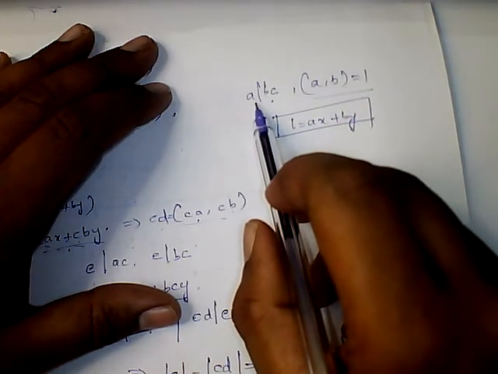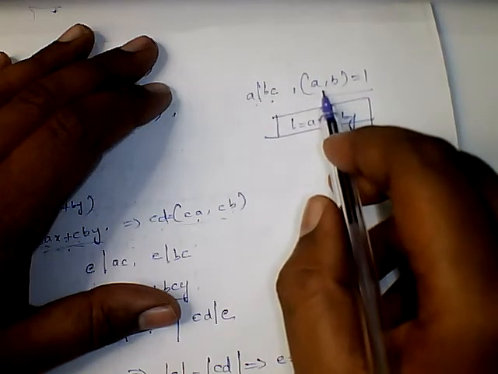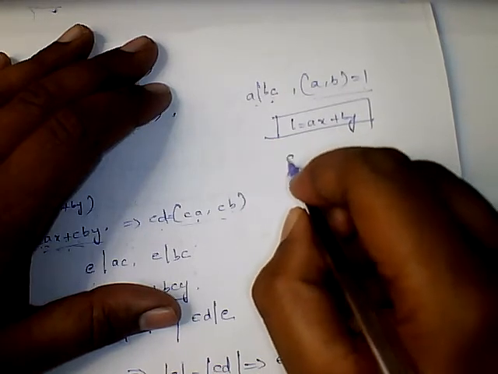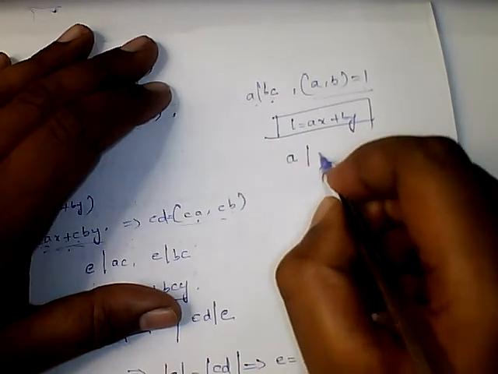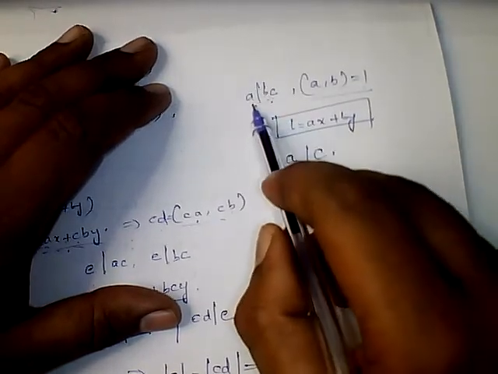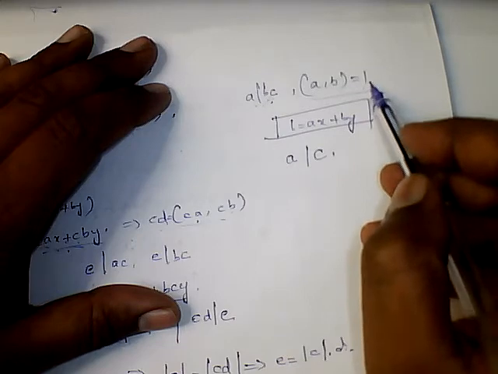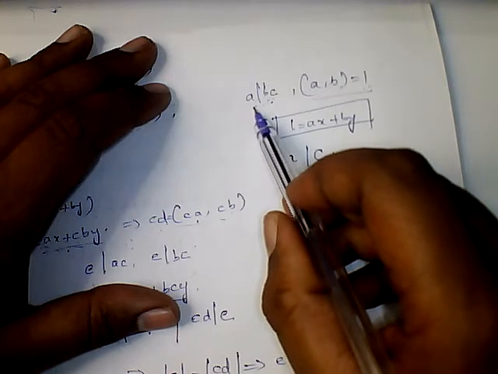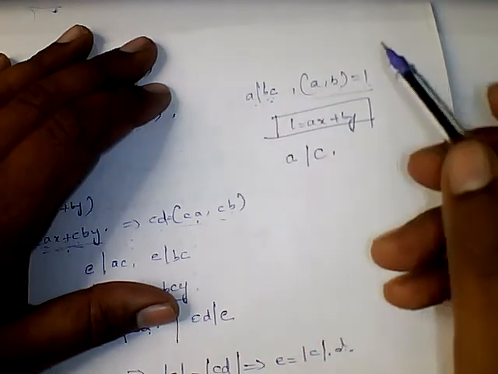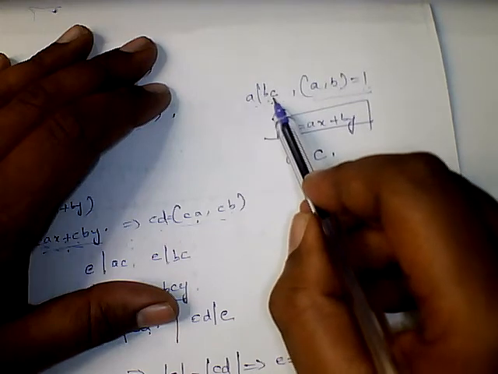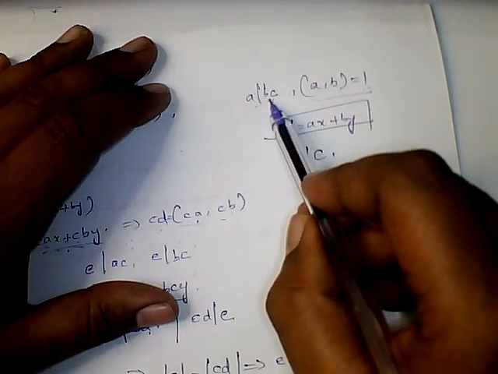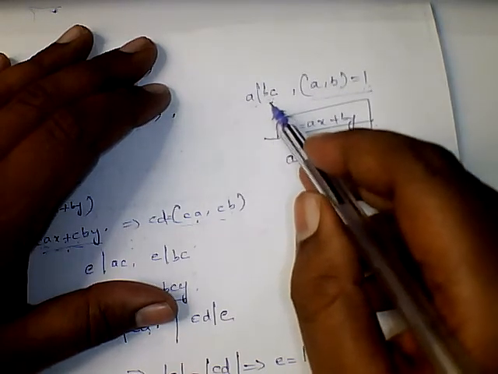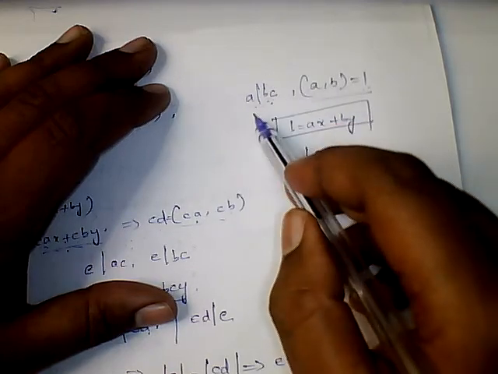But for this, you just have to keep in mind that A divides BC, and A comma B equal to 1, implies that A divides C. If the GCD of B and A is 1, that means these are two co-prime numbers, and obviously this A cannot divide this B. But when we are using this C, that implies that A divides BC, so that means A is dividing C. So you can have some numbers and use the concept over here.